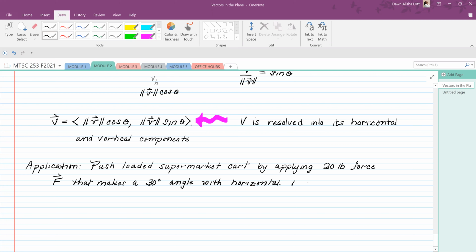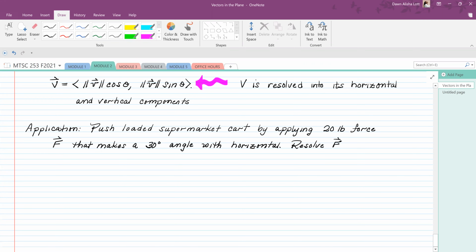Resolve F into its horizontal and vertical components.